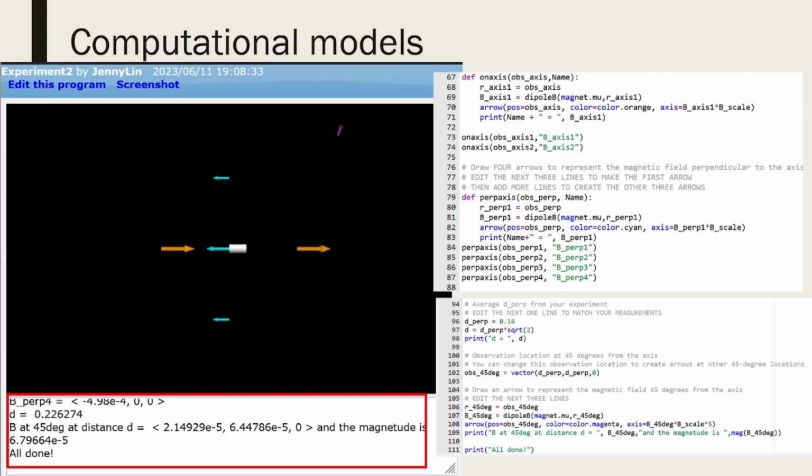And then we use a computational model to simulate the experiment we did before. The first part of the coding is the simulation of observations on-axis and on the perpendicular axis. Those are represented by blue and orange arrows.